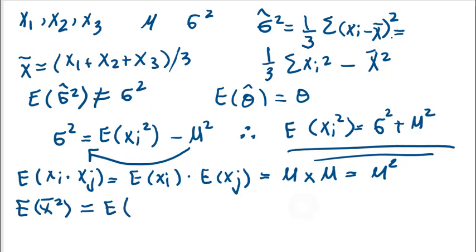It would be x1 plus x2 plus x3, when we have 3 random variables, divided by 3. The whole lot we square. So we want to see what that equals.